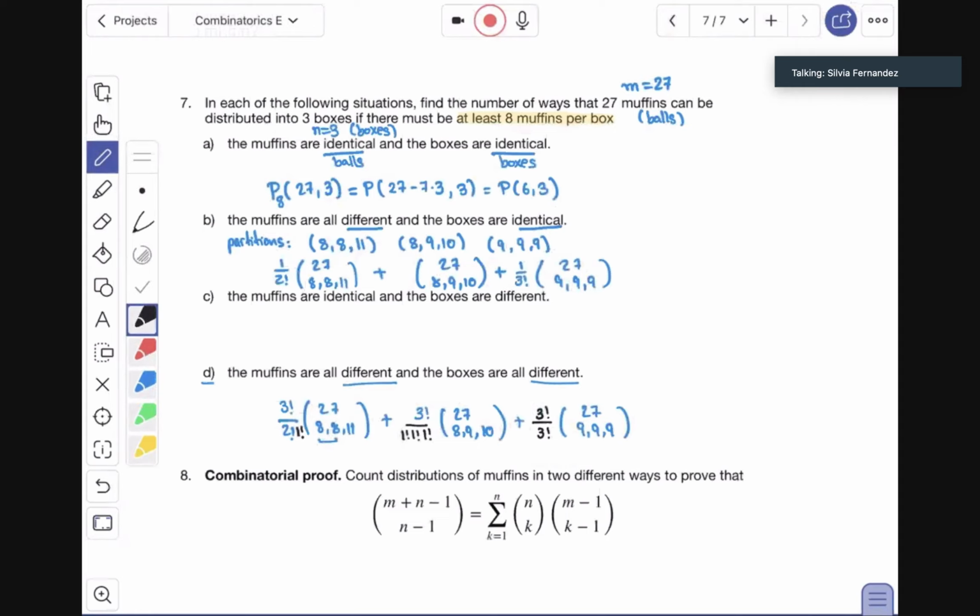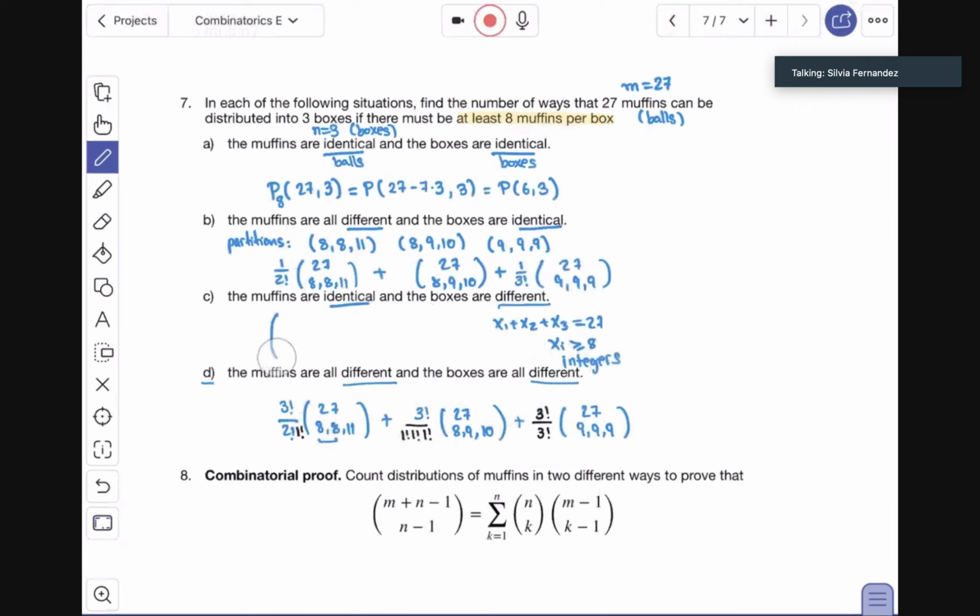And then part C is a direct application. You have a formula, identical into different. This is also, if you want, integer solutions to the equation x1 plus x2 plus x3 equals 27, so that all the xi's are greater than or equal to 8, and they're integers.